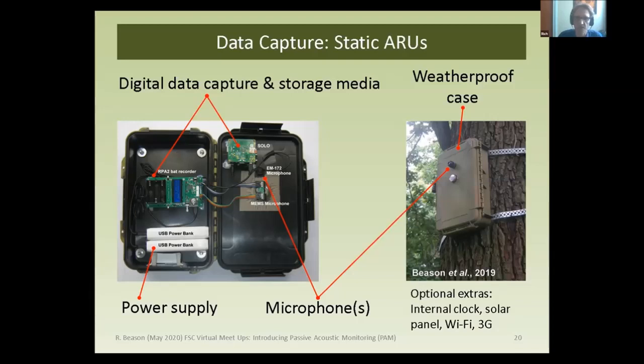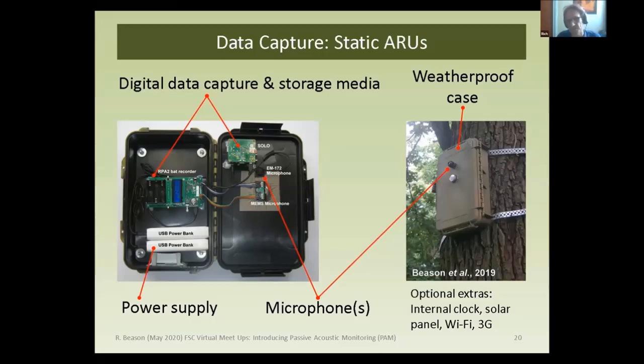Then you have some sort of capture, storage and processing electronics in there to record your sounds and decide when to record them, and a power supply. Then you put it all in a nice waterproof box, non-destructively attach it to the side of a tree, and hope nobody steals it or throws rocks at it or whatever.